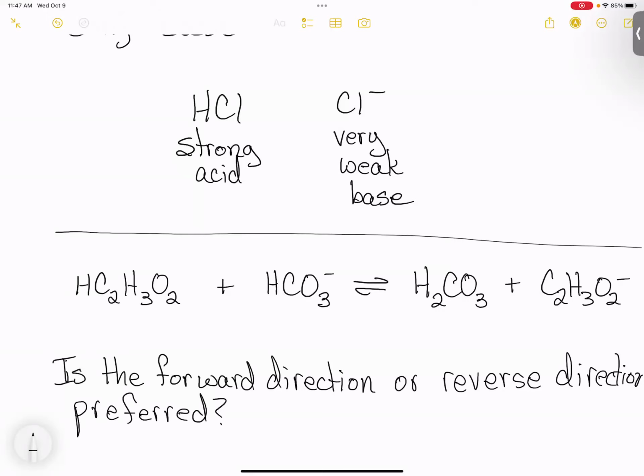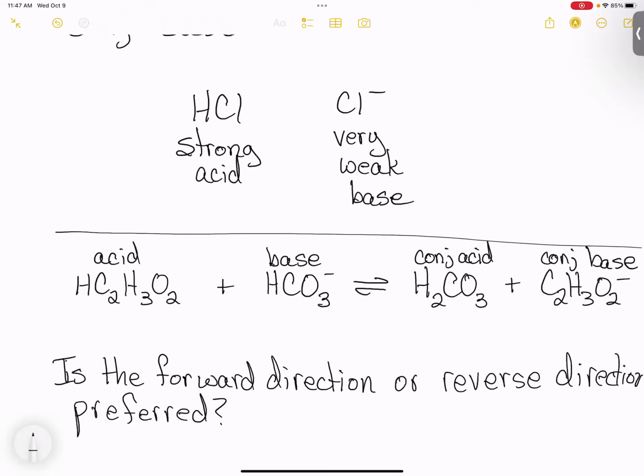Okay, what you do is, first of all, you identify your acid and your base and your conjugate acid and your conjugate base. Then you look at your diagram, which I will give you for this type of question.